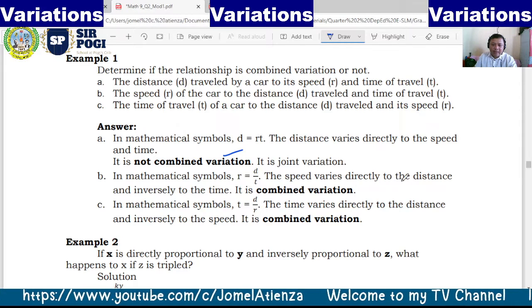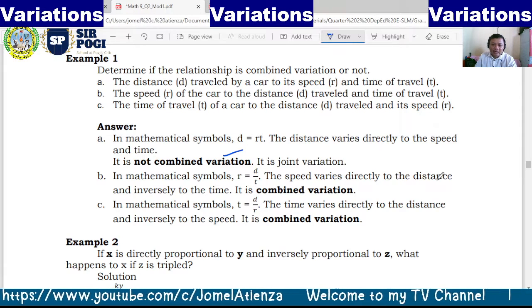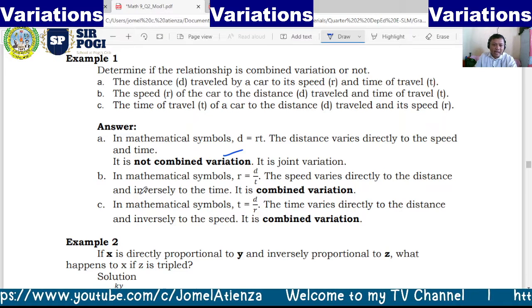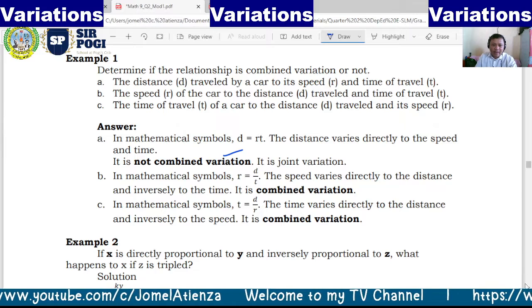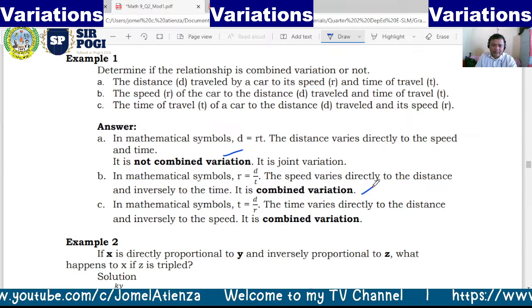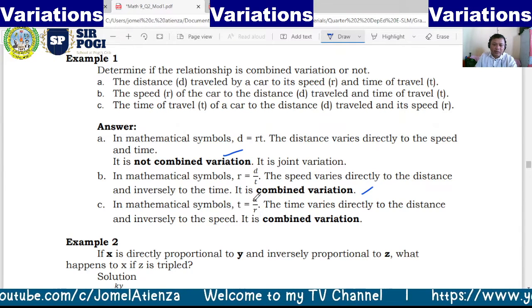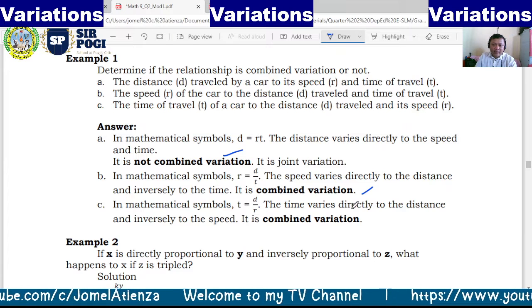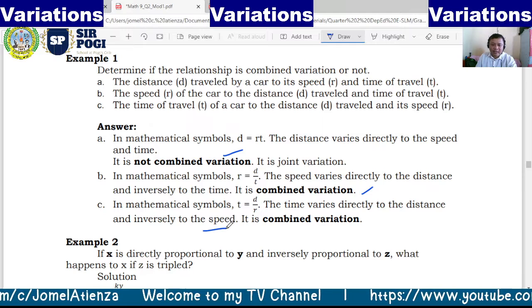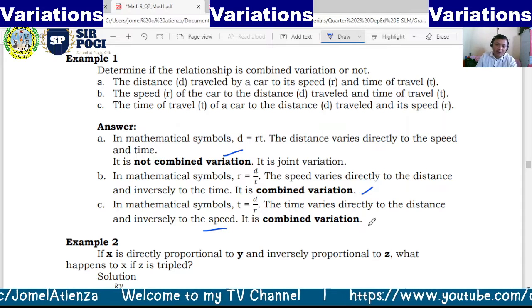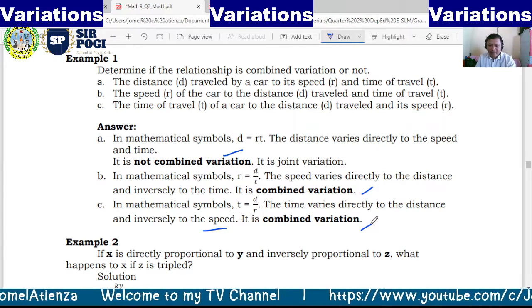The speed varies directly to the distance, and inversely to the time, it is a combined variation naman po yun. And t is equal to d over r. The time varies directly to the distance and inversely to the speed, and that is combined variation.